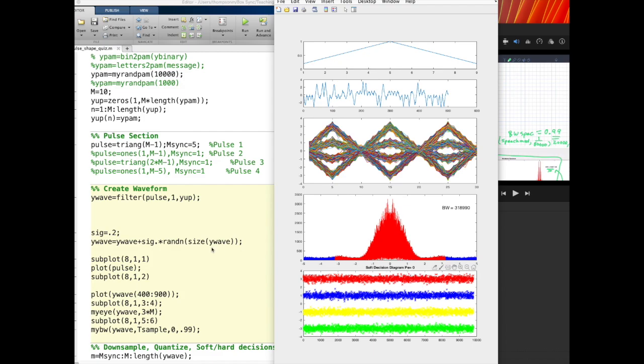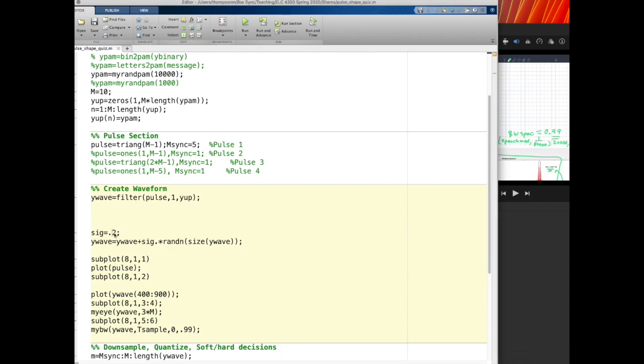So at 0.2, we're not generating any errors, okay? But notice what happened to the bandwidth. The bandwidth went way up because you're adding a bunch of noise power in there, and that kind of messes up the calculation. And so it's important when we're looking at the bandwidth of the noise-free signal, we set sigma back to 0.